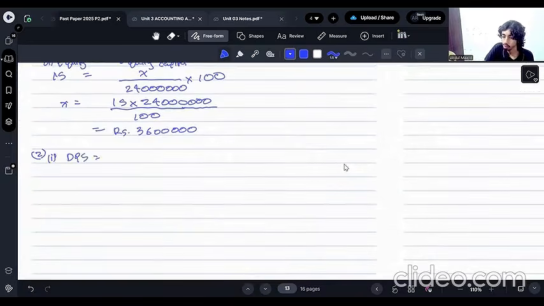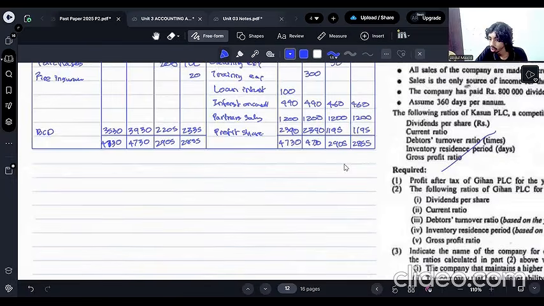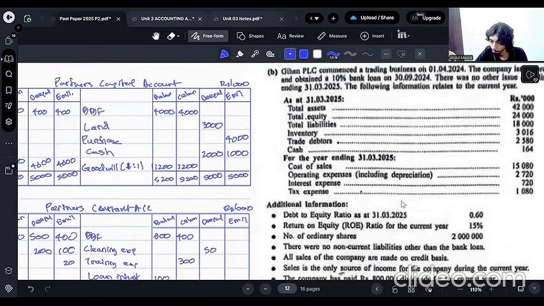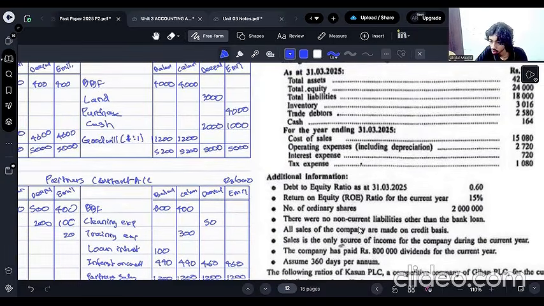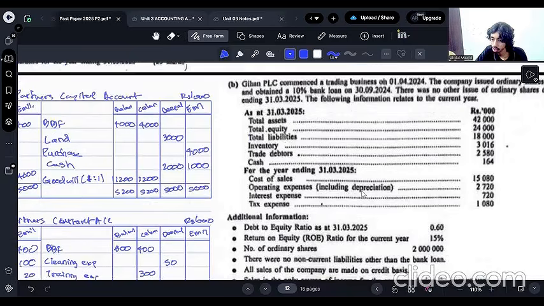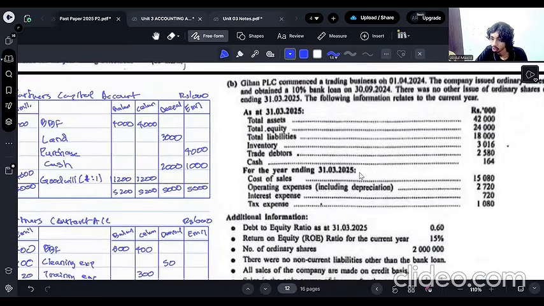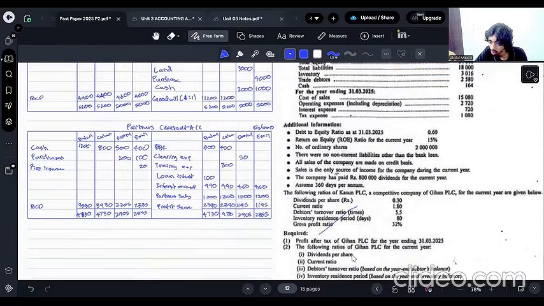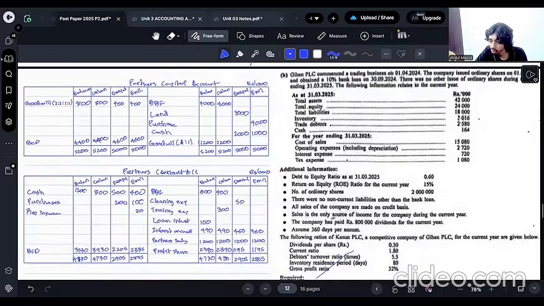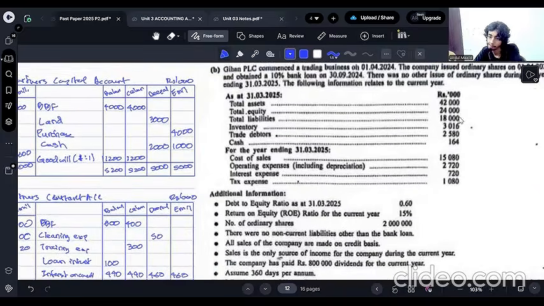Dividend per share equals dividend paid divided by number of shares. Dividend paid, how do you find? Where they're asking for the dividend per share.